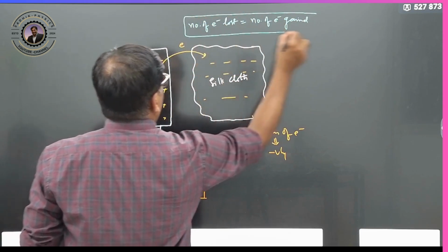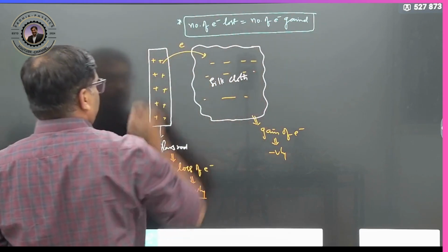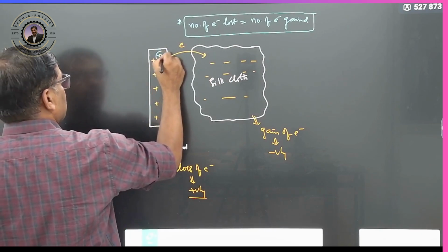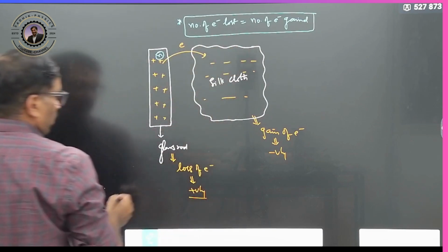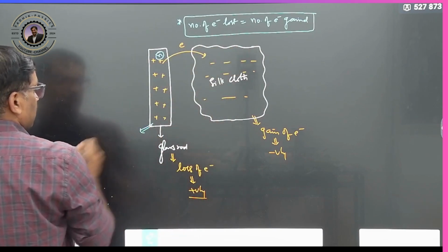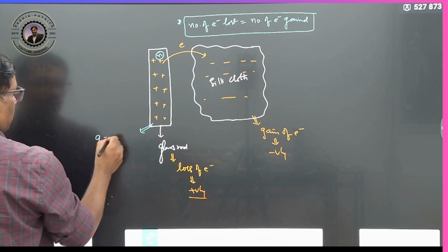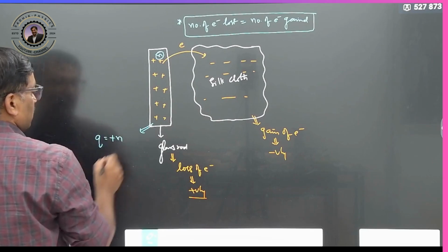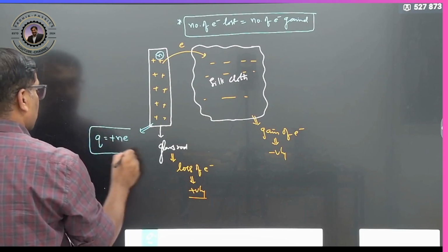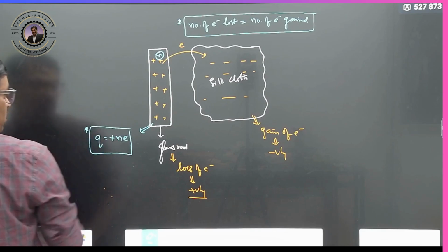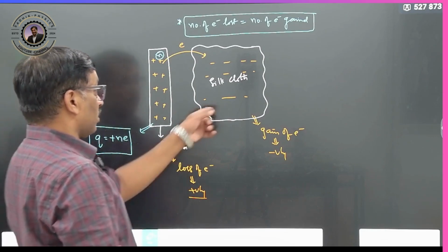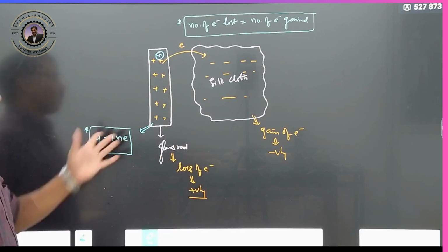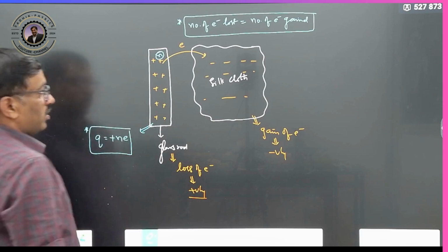Suppose n electrons are lost. What will be the charge on the glass rod? It will be plus N e, the number of electrons times the charge of the electron. This much positive charge is gained by the glass rod.